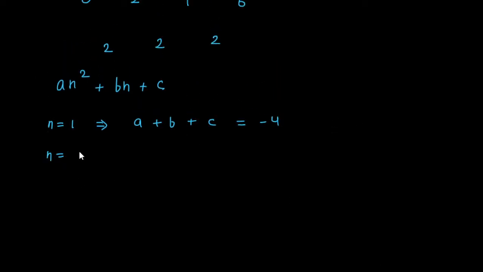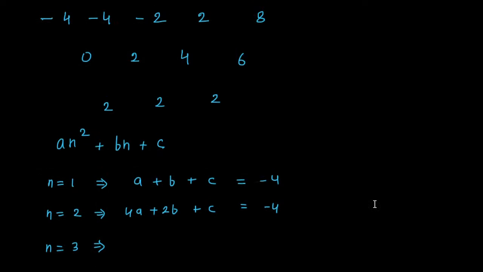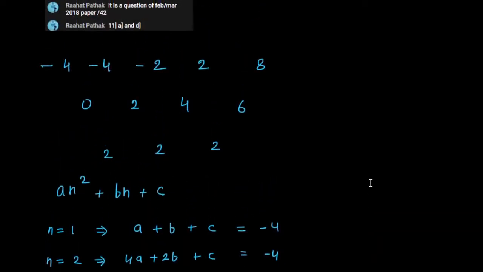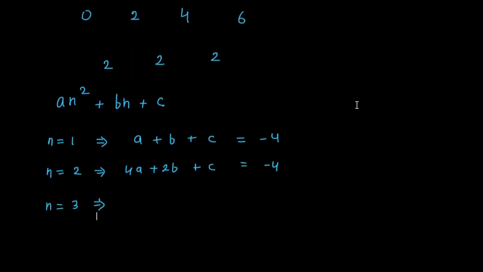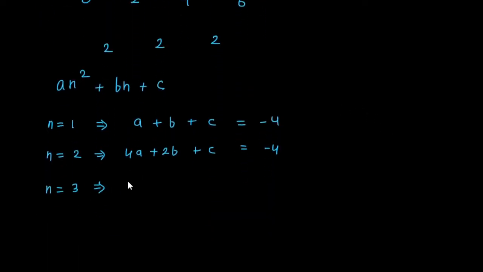If I choose n is equal to 2, then I have 4 times a plus 2 times b plus c is equal to, here also I will get minus 4. As there are 3 unknowns, I will make 3 equations. So the third equation I will frame when we take n is equal to 3, the result is minus 2. So 3 3s are 9, 9a plus 3b plus c is equal to minus 2. So these are the 3 equations, first, second and third.